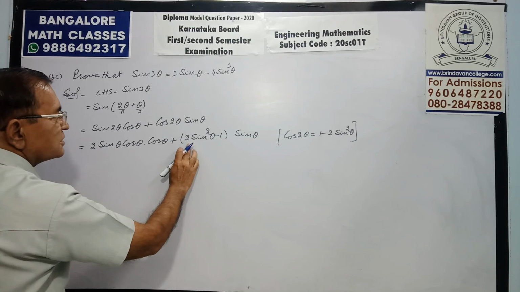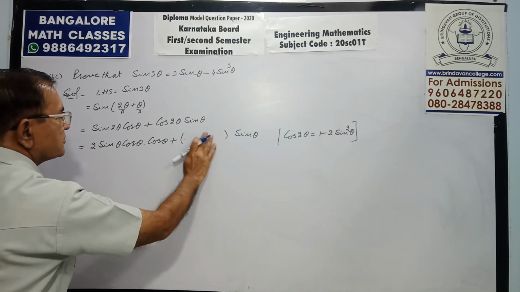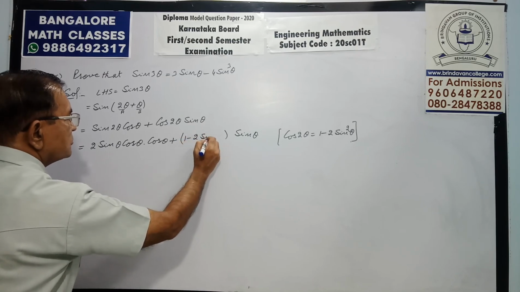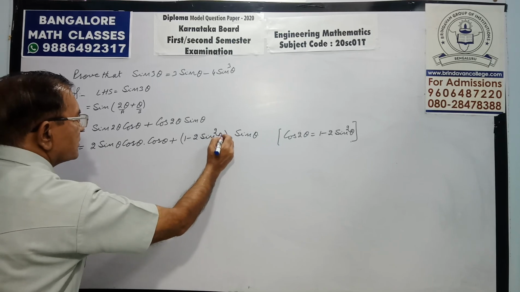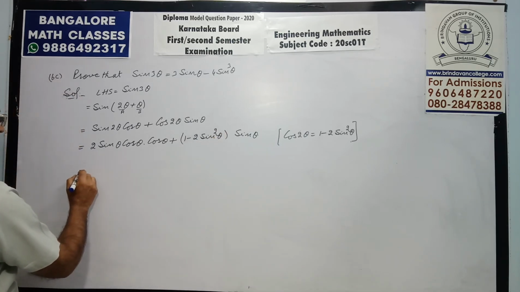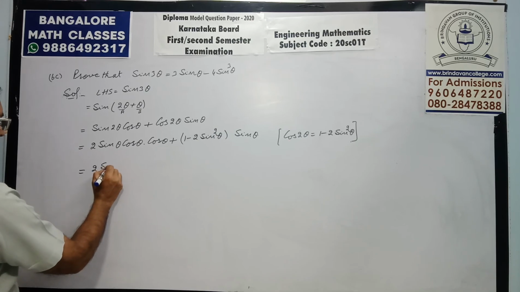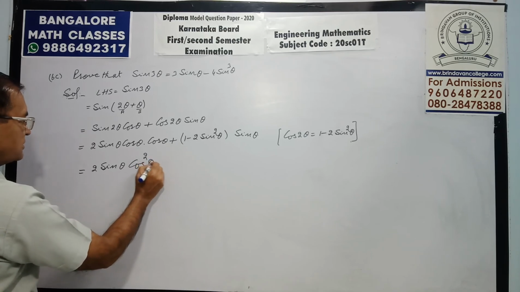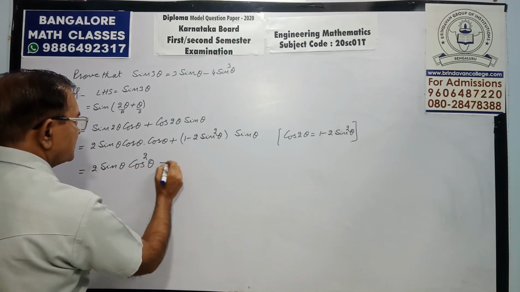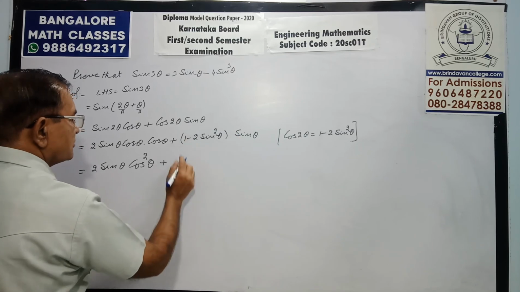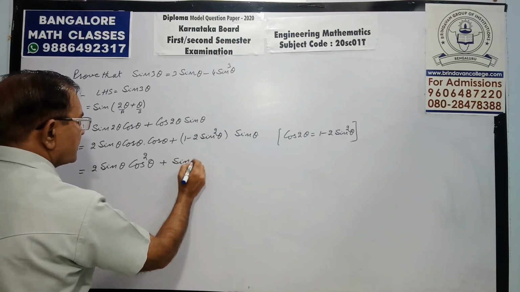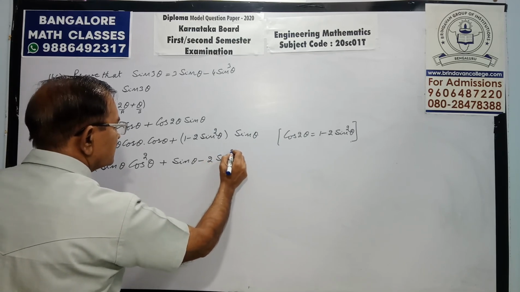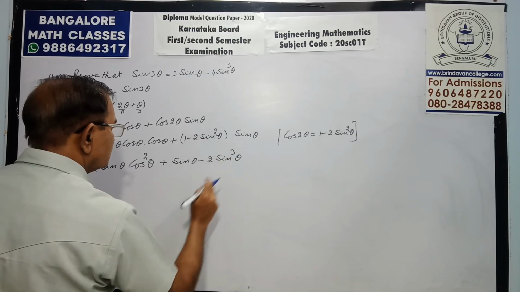So for cos 2 theta, put here 1 minus 2 sine square theta equals 2 sine theta cos theta into cos theta, cos square theta, plus 1 into sine theta minus 2 sine cube theta.